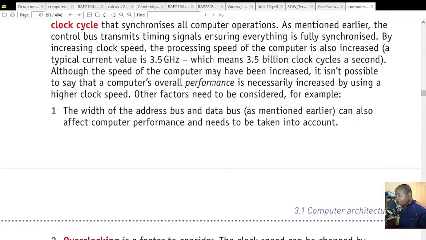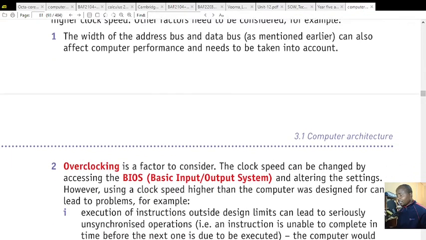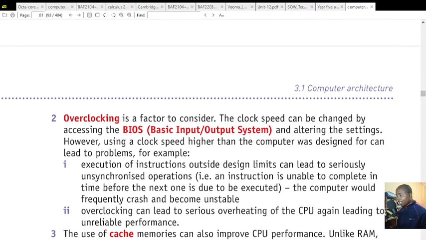So when considering the performance of the CPU, we must also understand that the width of the address bus and that of the data bus also affect the general performance of the CPU. The other factor that is also fundamentally important is what we call overclocking.